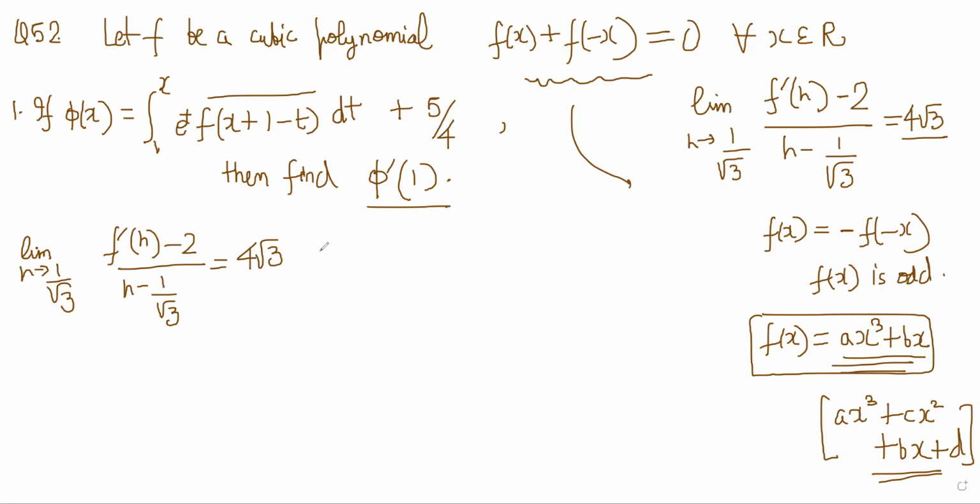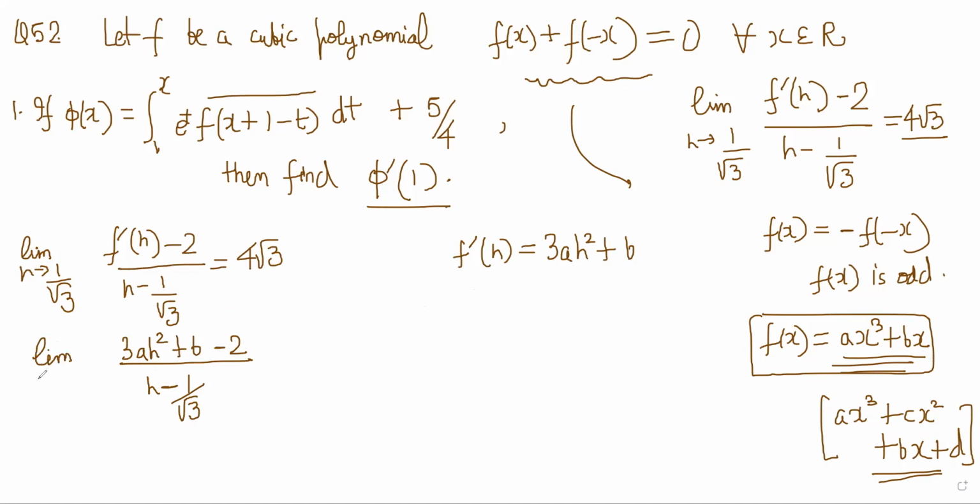So we will use that condition because we can see f'(h) will be equal to 3ah² + b. So (3ah² + b − (3a·(1/3) + b)) divided by h − 1/√3, limit as h tends to 1/√3.